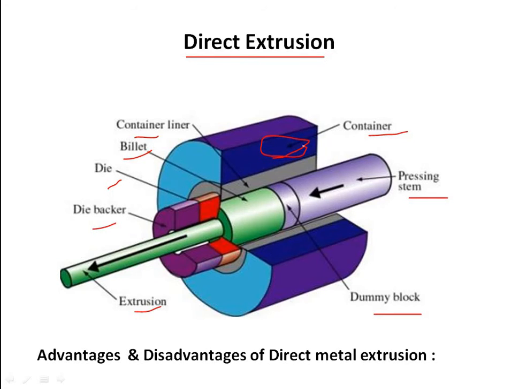In a press cavity container, a dummy block is placed behind it. Here, this is the dummy block. Then the mechanical or hydraulic ram presses on the material to push it out through the die. This is the die, the red color is the die. Got the point?